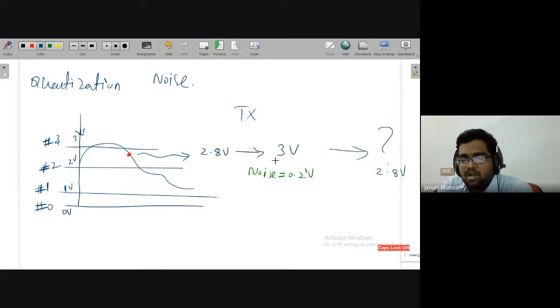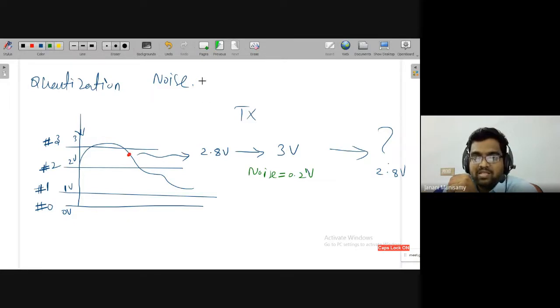This noise is not coming from anywhere else. We are introducing it ourselves. In the process of converting an analog signal into a digital signal, we have to use the quantization procedure. But once you use the quantization procedure, definitely some kind of noise will be introduced. That noise is called quantization noise. That is irrecoverable. You cannot recover it back. You cannot remove that noise.